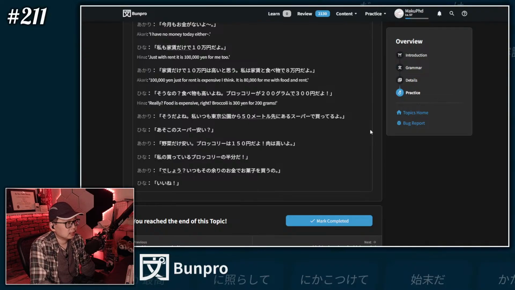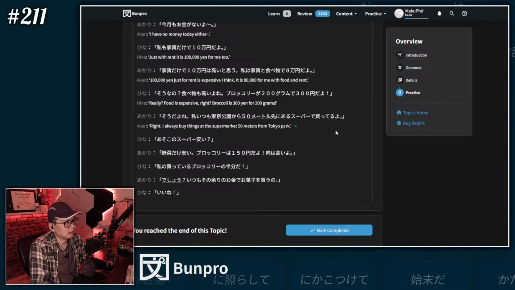そうだよね. And then I always buy broccoli when there is a 50% off from the Tokyo Park.